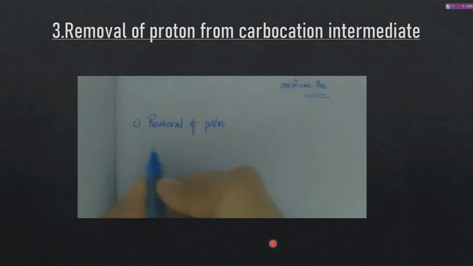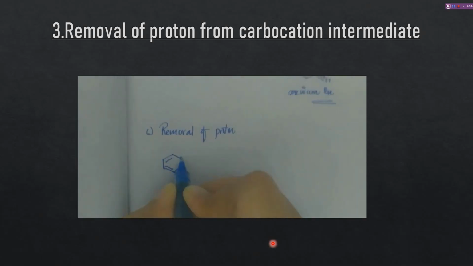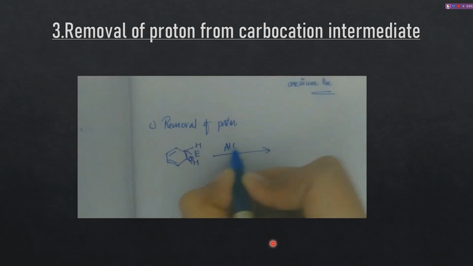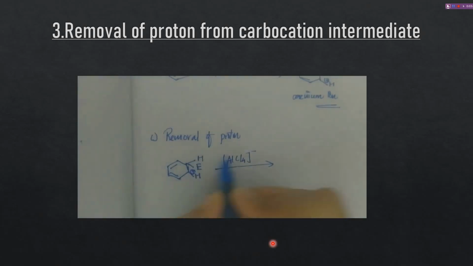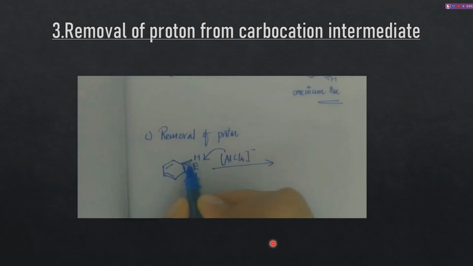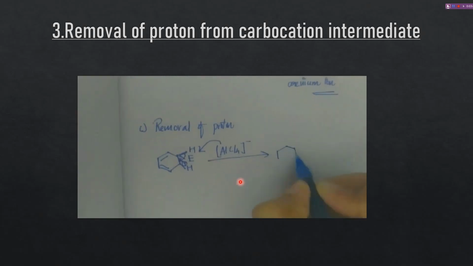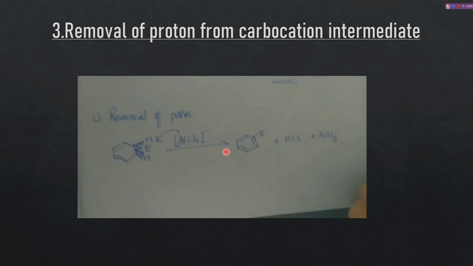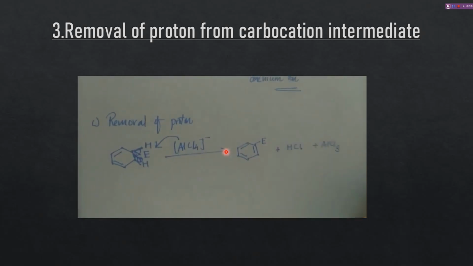The third step is removal of proton from carbocation intermediate. Here we have the arenium ion which is formed in the previous step, and AlCl4 minus. See here one Cl minus is extra, right? AlCl3 has already taken away one Cl minus for the formation of electrophile. So this bond of H breaks and again a double bond is formed so as to fulfill the valence of this carbon and remove this plus charge.